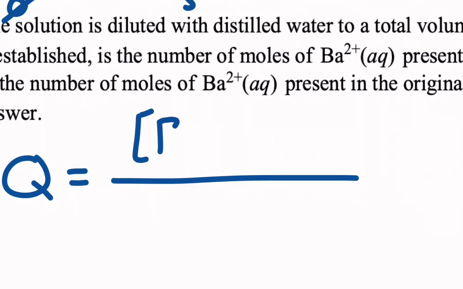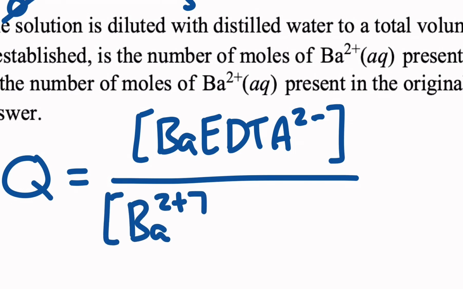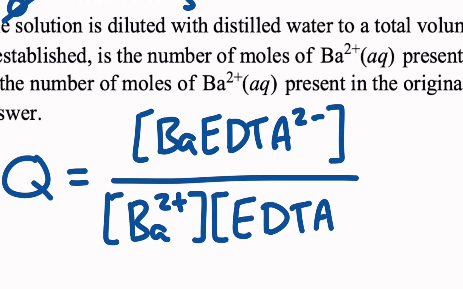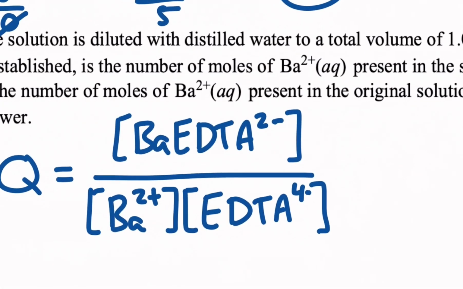That's the bracket of the barium EDTA 2 minus anion, over the bracket of the barium ion times the ligand EDTA 4 minus. And that has some value, a big number, 7.7 times 10 to the 7.